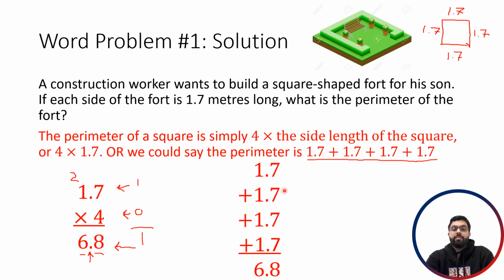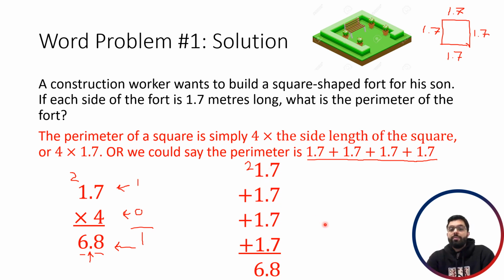So we've got 7 plus 7 plus 7 plus 7. In steps, 7 plus 7 is 14, plus 7 is 21, plus 7 is 28. So we put the 8 down there, carry the 2, and then we've got 1 plus 1 plus 1 plus 1. That's 4, plus the 2 that we carried, that's a 6, and we just drop the decimal point straight down below the decimals that we'd already written out.